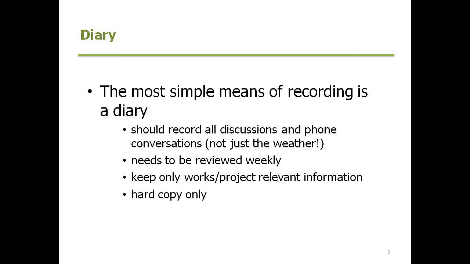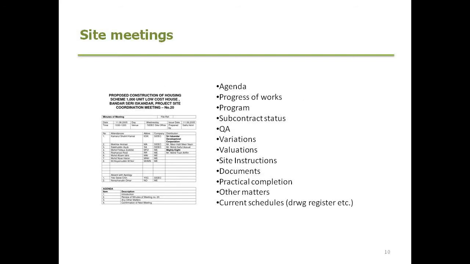It needs to be reviewed weekly to make sure that you haven't missed anything. And as I said, keeping works and project relevant information. It's not to include things about your private life in there as well. It's a work diary. In most cases, hard copy only. But having said that, for soft copies and computer generated copies, you need a process of backing up as well.